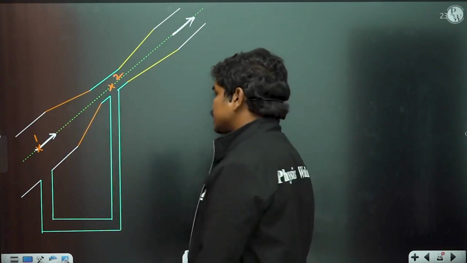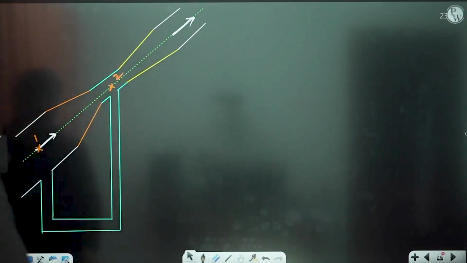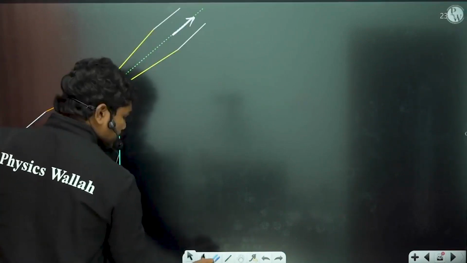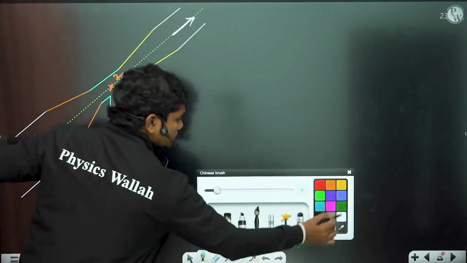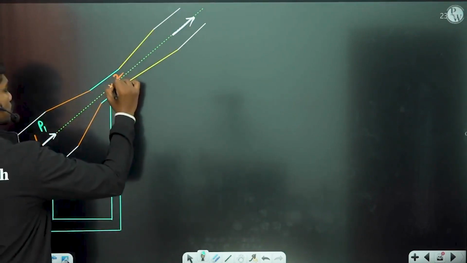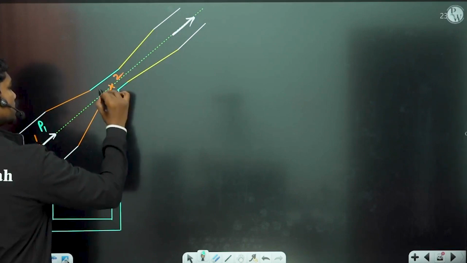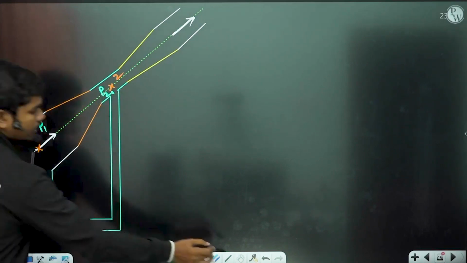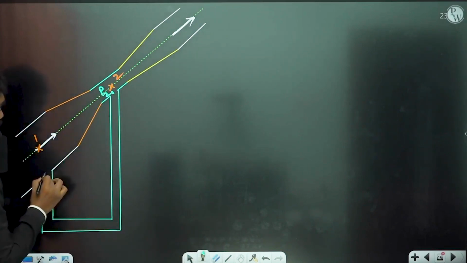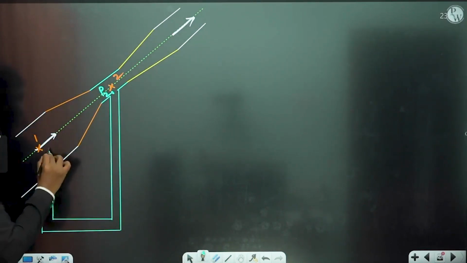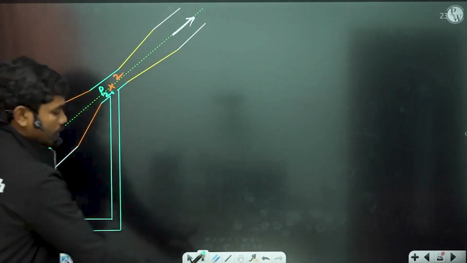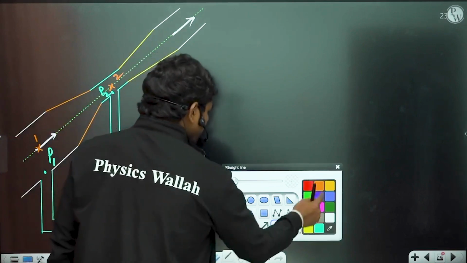Okay, now let us suppose P1 is the pressure here, and P1 and P2 are the pressures at these two locations. Basically at this location you take P2, and at this location also, because normally in case of pipes you will come to know in the 7th chapter there won't be any radial variation. So this is P1 and this is P2. Now let us suppose this is a mercury manometer, so we have filled some mercury.